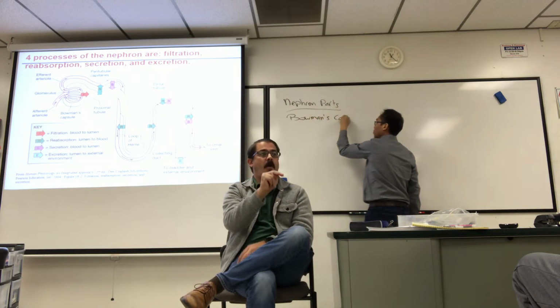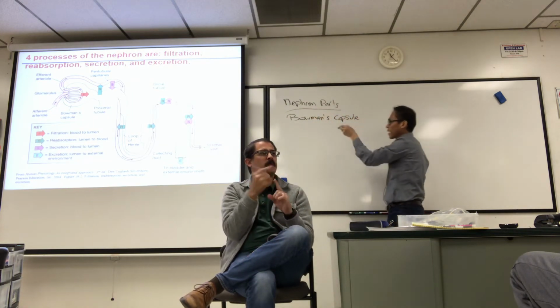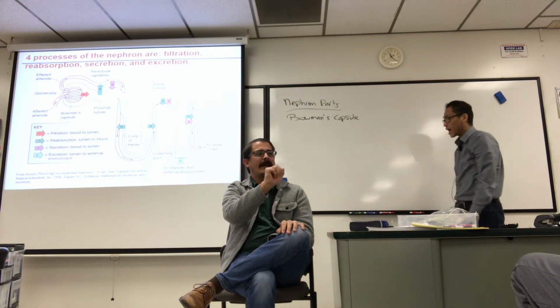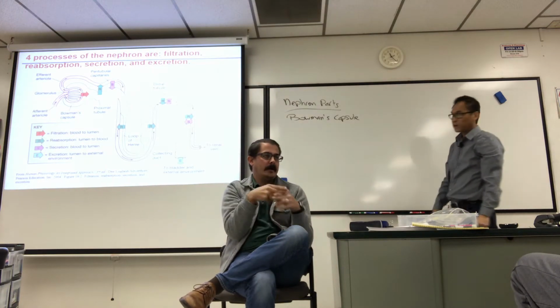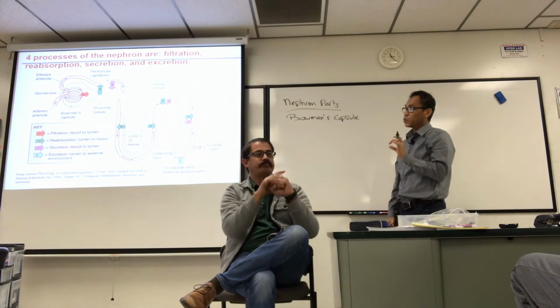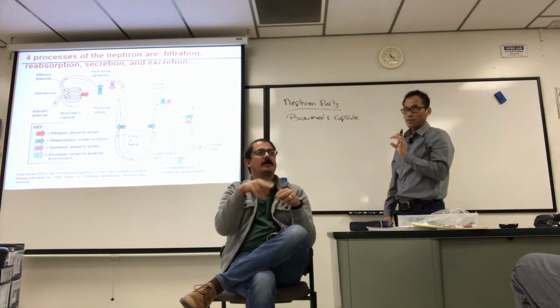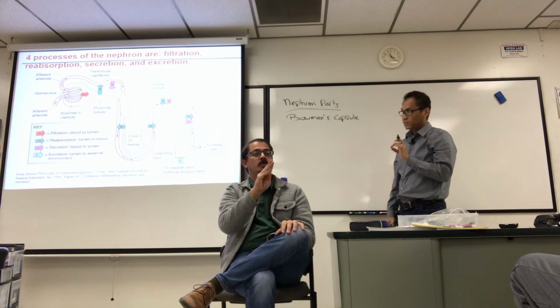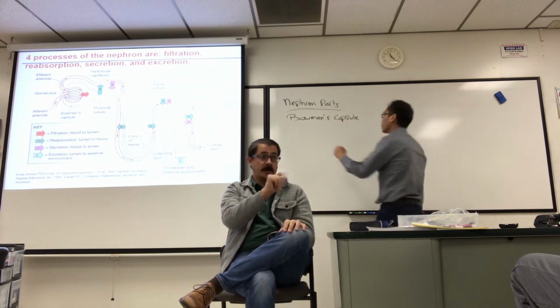That's a kind of older term. Books may now call it the renal capsule. I still hold on to Bowman's capsule. That's the thing surrounding the glomerulus. But you can see it's continuous with the first part of the tube. They call it the proximal tubule. The full name is proximal convoluted tubule.